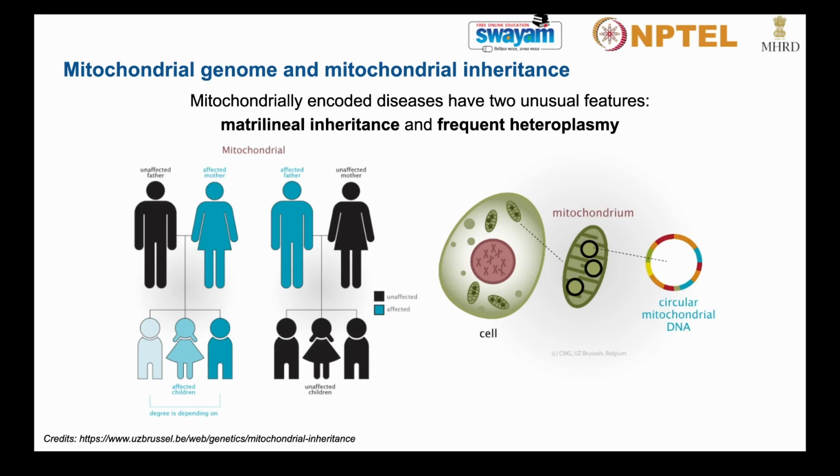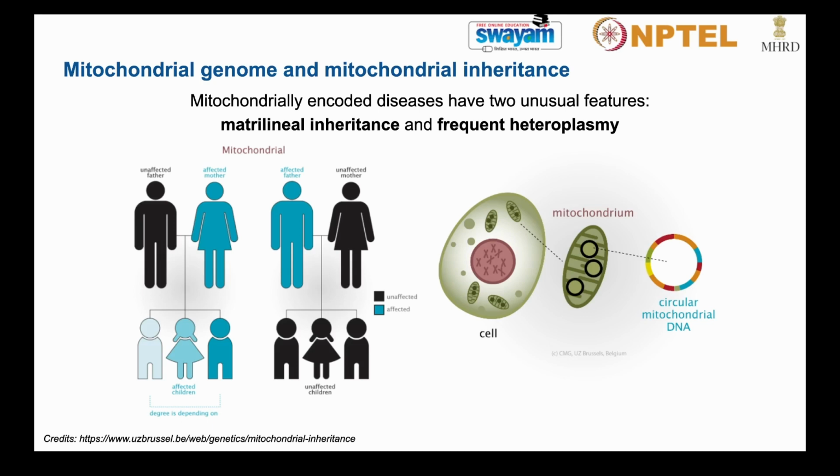Mitochondria is present in humans, so we will study this. Mitochondrial inheritance means that if mitochondrial DNA has certain disease genes, they would be passed to the offsprings only from their mothers, not from their fathers. That's why it is also known as matrilineal inheritance or maternal inheritance, with frequent heteroplasmy.